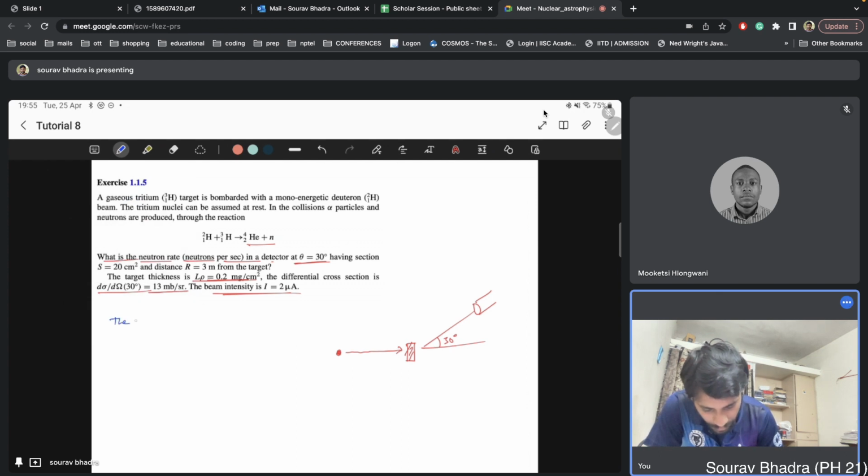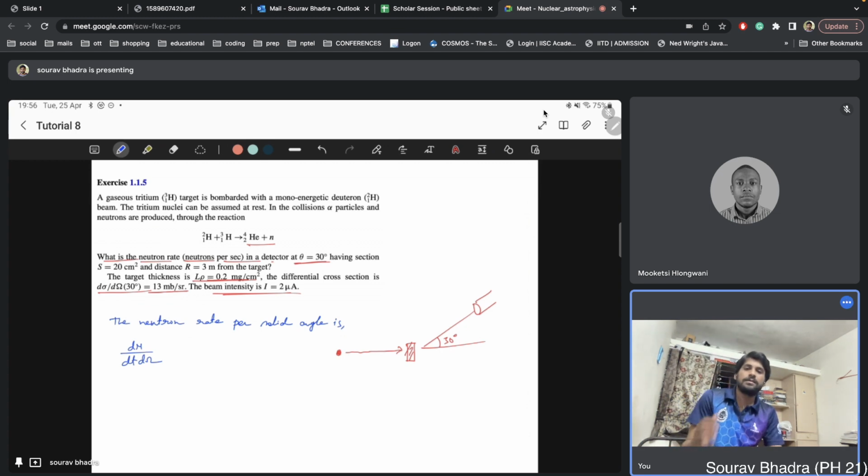So the neutron rate per solid angle can be expressed like this. dN/dt gives you the rate, that is number per second, and d omega gives you the number per solid angle.